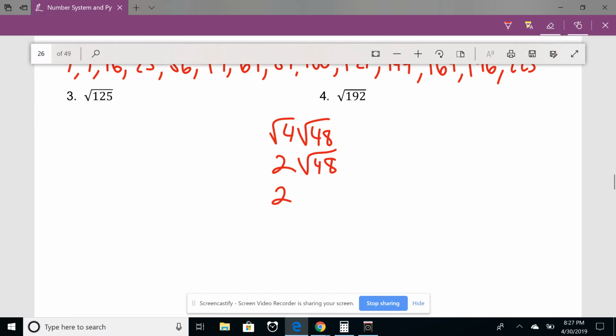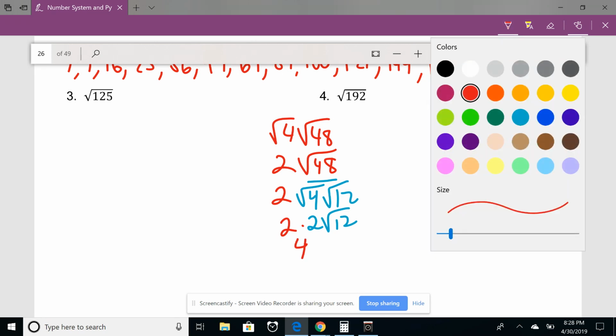Let me color coordinate this. You can break down this 48 part to 4 and 12, which is 2 radical 12. Make sure I bring down the other 2 also. 2 times 2 is 4.